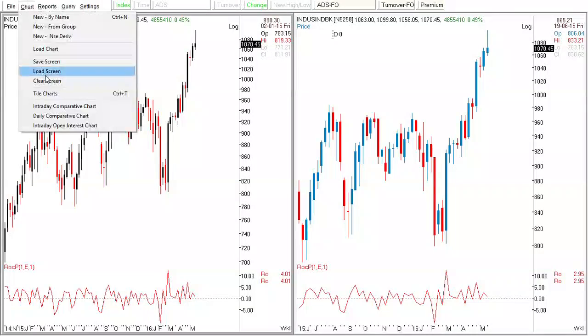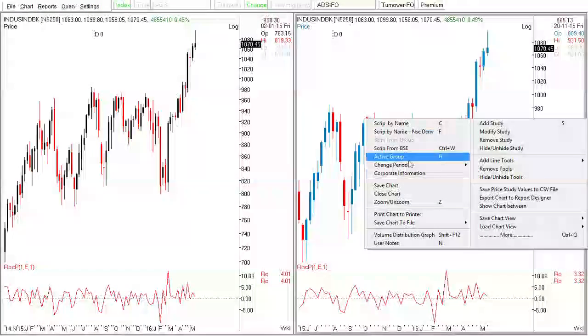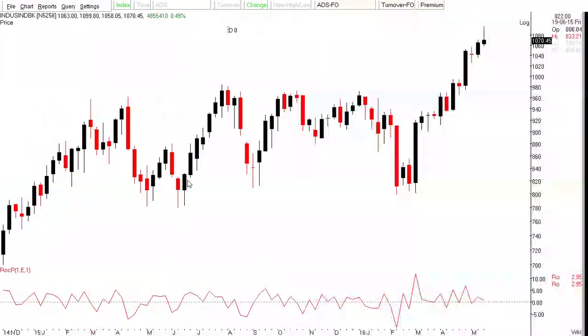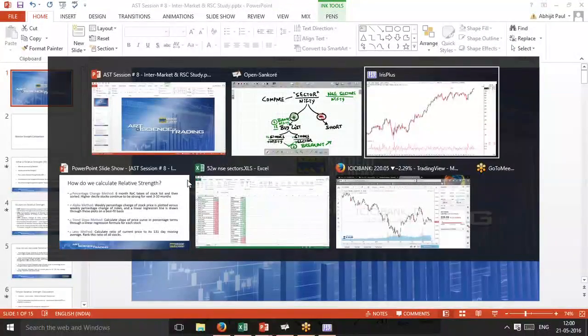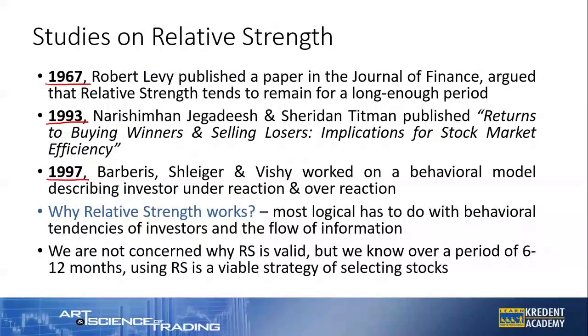Now the point is, I'll come back to this. I was showing you on the slide some time back the various studies and white papers that have been done. Most of them conclude that this concept of relative strength works very well if you are looking at a period of 6 to 12 months.